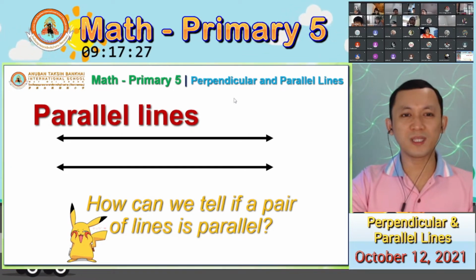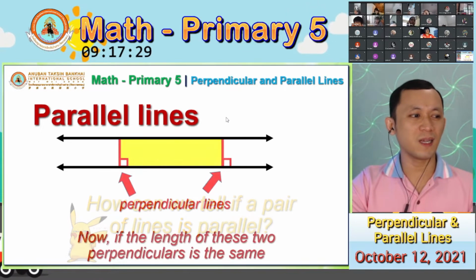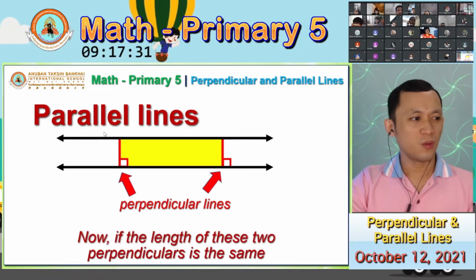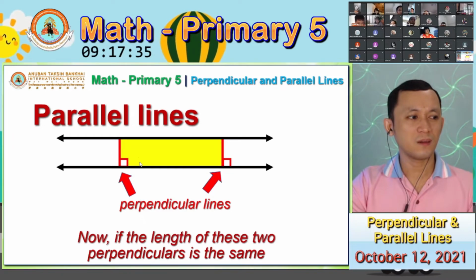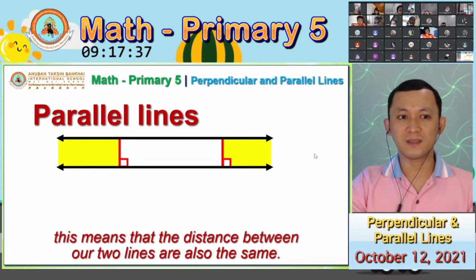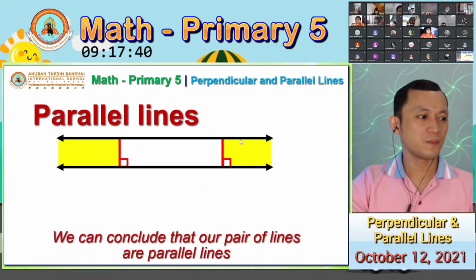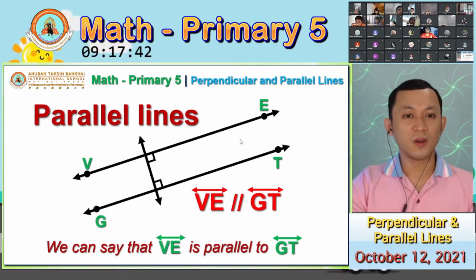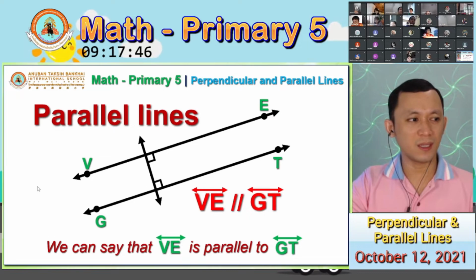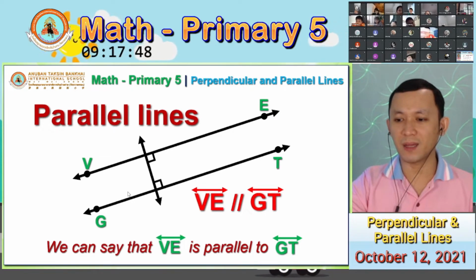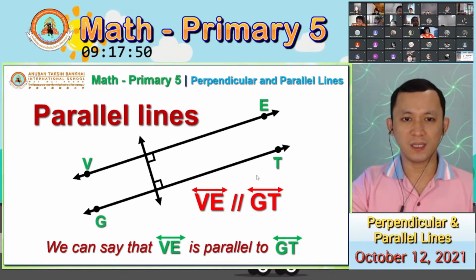So how can we tell if a pair of lines are parallel? We draw a perpendicular line. Here, the distances are the same, they are equal. So in this example we call this line VE. Line VE is parallel to line GT.